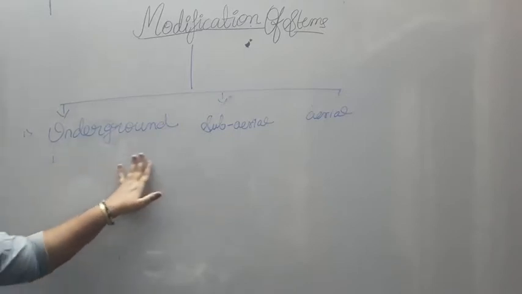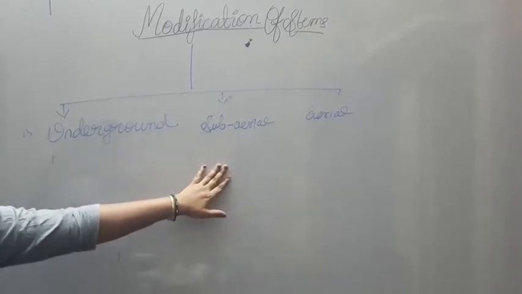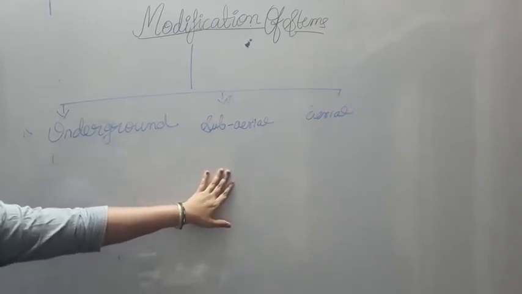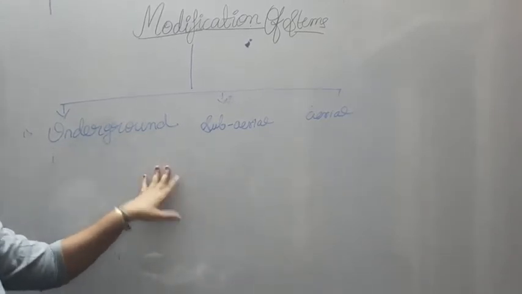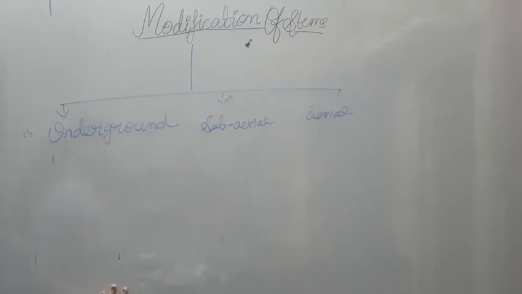Let us see all three modifications of the stem one by one, what they are and what the different types, features and characteristics of each are. We'll start first with the underground stems.